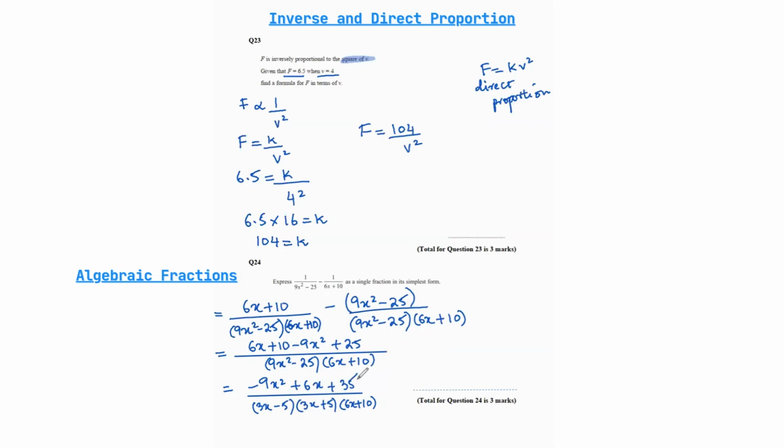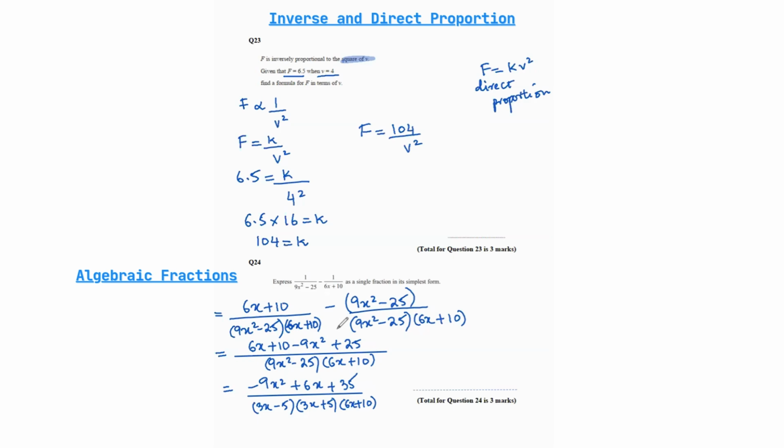Now, let's factorize the quadratic over here. For the quadratic in the numerator, 9 times 35 is 315. Now we need factors of 315.